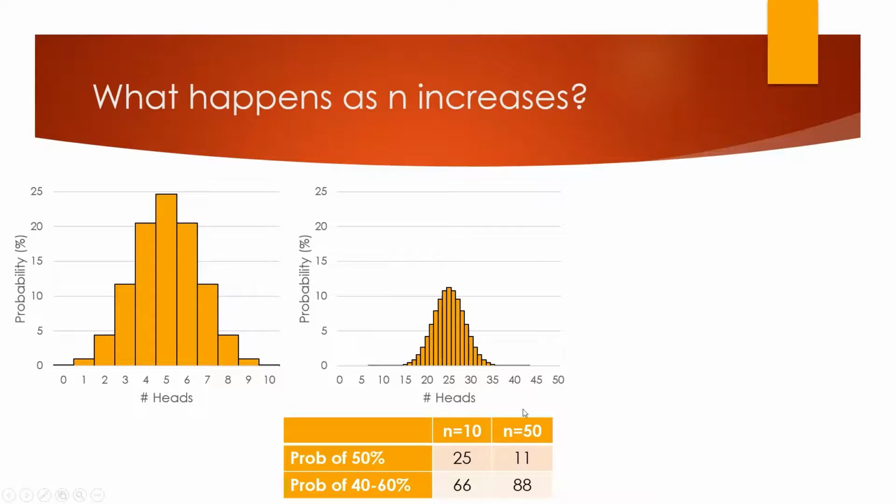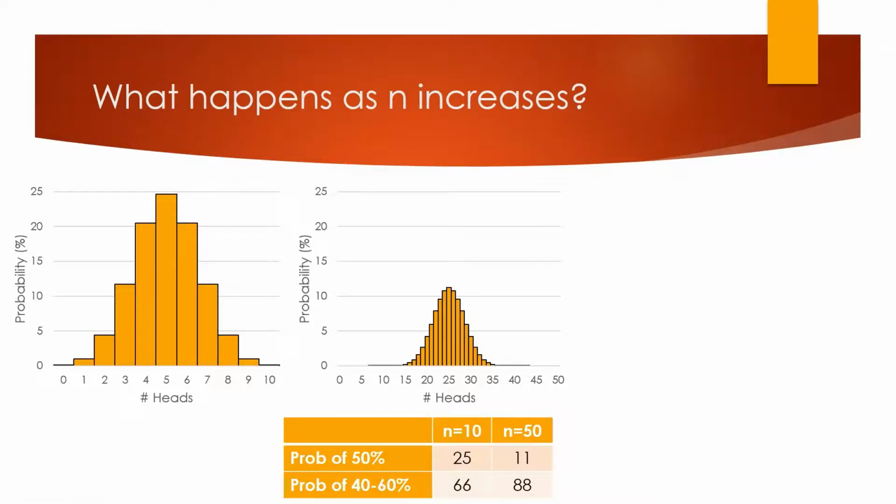For 10 coins, we have a 66% chance, so a 2 out of 3 chance of getting either 4, 5, or 6 heads. How does that compare for 50? For a 50 coin flip, we have an 88% chance of getting somewhere from 40 to 60% heads.